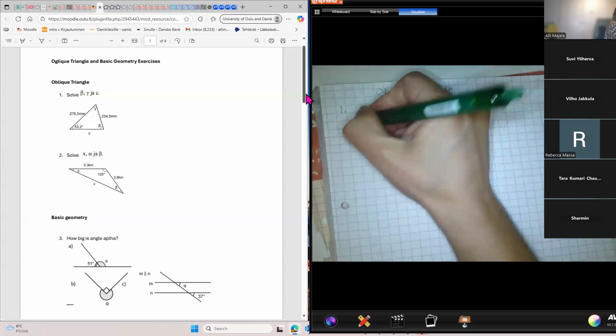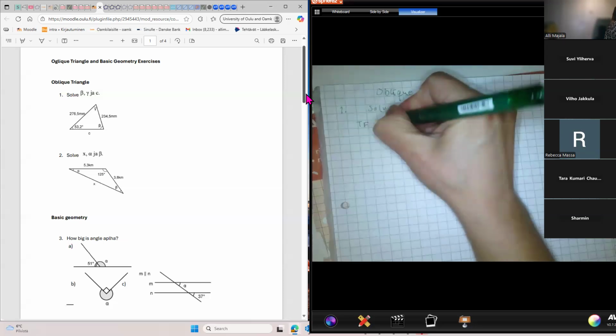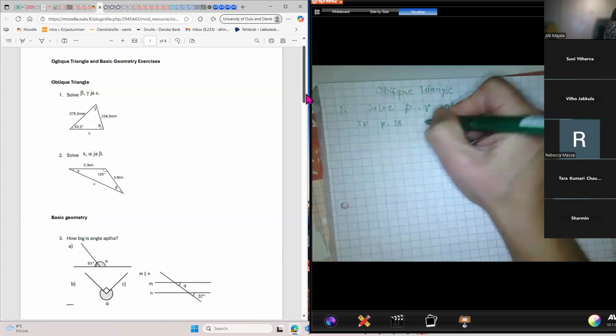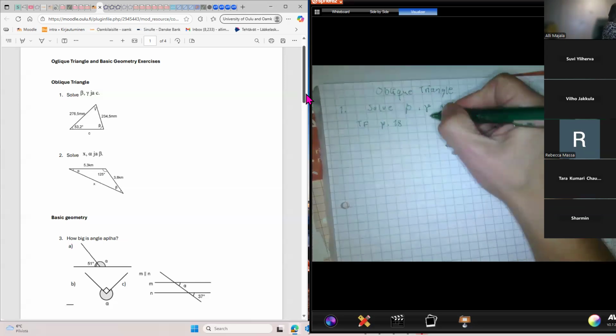So I'm in the technical formulas, page 18, and I have found the sine formula.